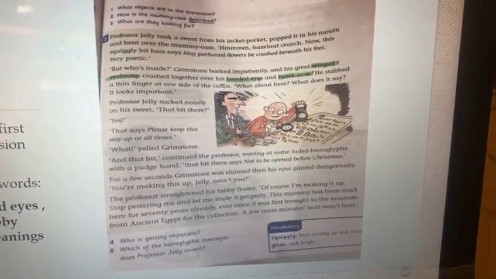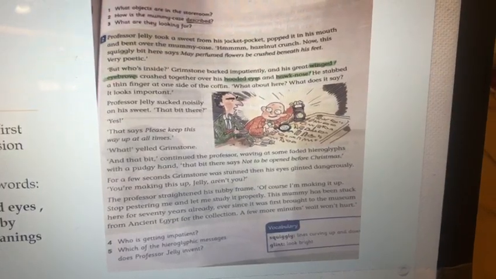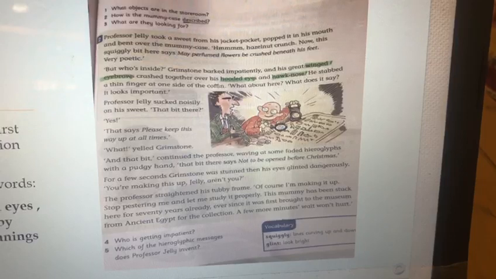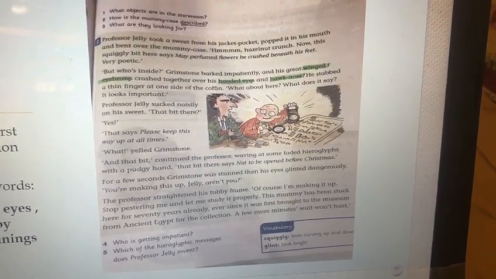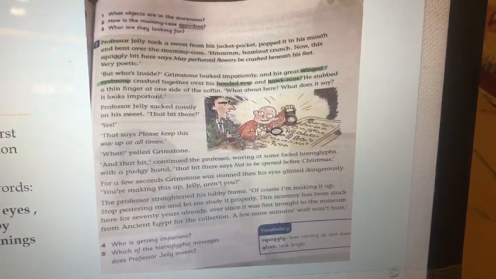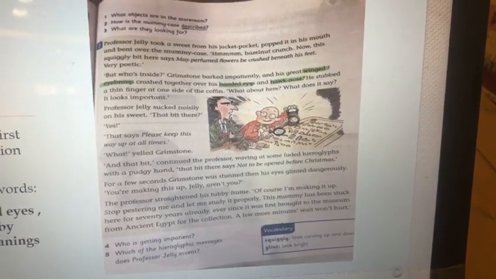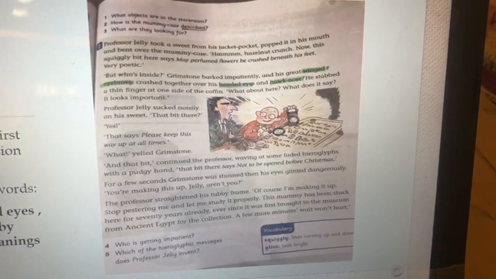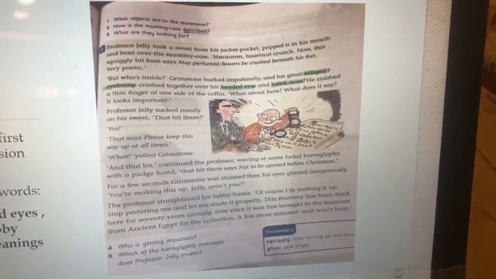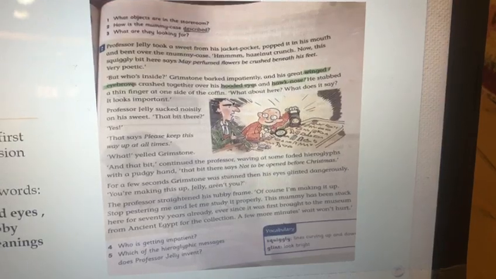"What?" yelled Grimston. "And that bit," continued the professor, waving a pudgy hand at some faded hieroglyphs, "that bit there says, 'Not to be opened before Christmas.'" For a few seconds, Grimston was stunned. Then his eyes glinted dangerously. "You are making this up, Jelly, aren't you?"